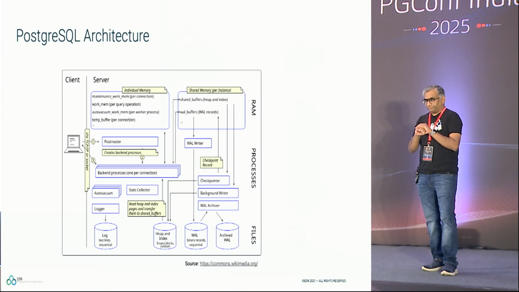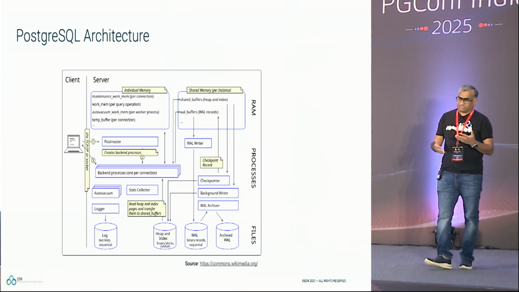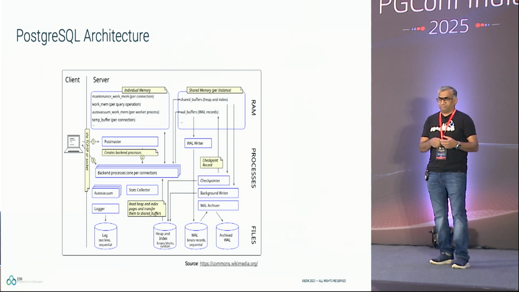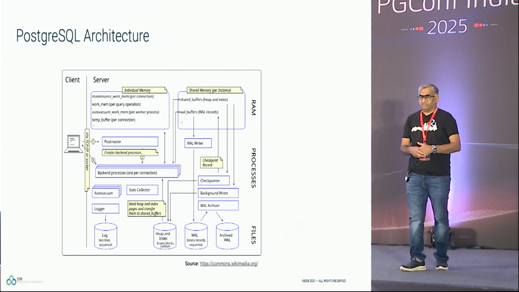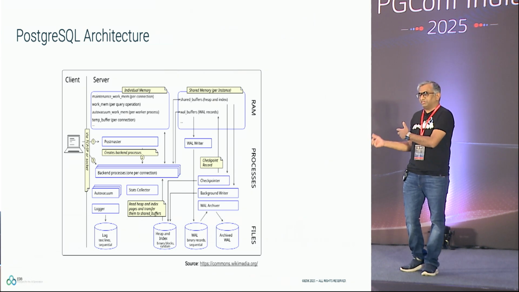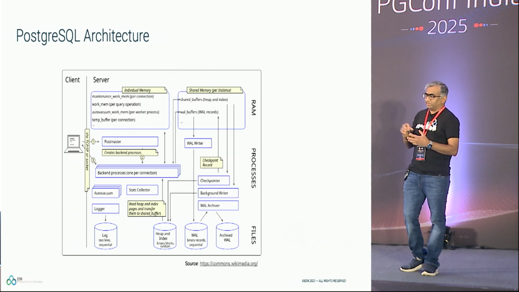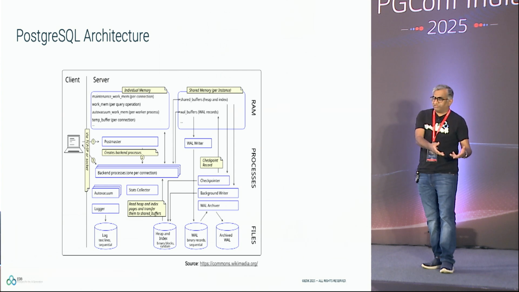Then there are a bunch of processes that run. Postgres is primarily a multi-process architecture. You have a lot of system processes that run, which are responsible for various activities. Like in the previous talk, there was talk about buffer eviction and how the background writer process is responsible for writing out the buffer cache to the disk, so that when there is a need for free space in the buffer cache, you can quickly replace it.